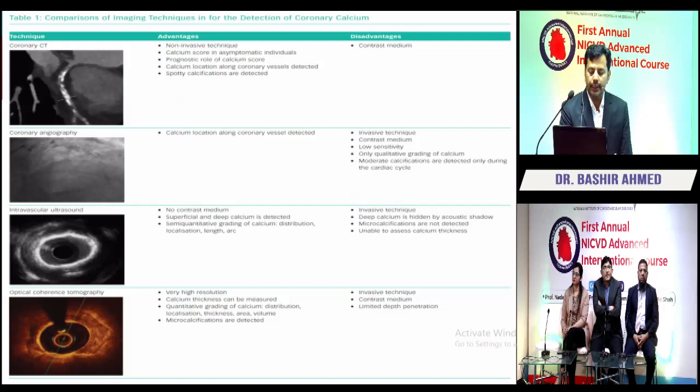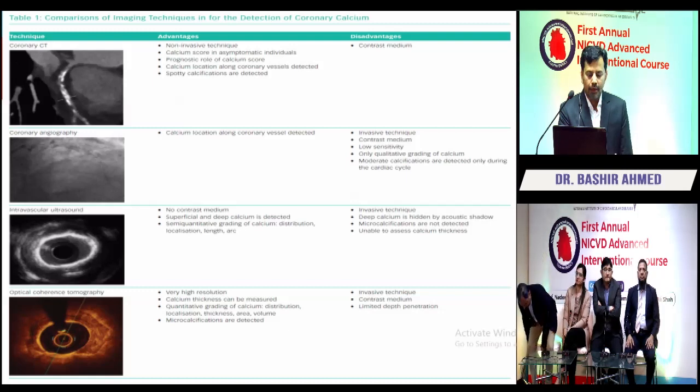Intravascular ultrasound can't detect microcalcification and is unable to detect the calcium thickness. But the OCT can detect micro calcium and also the calcium thickness, having high resolution but limited depth penetration.